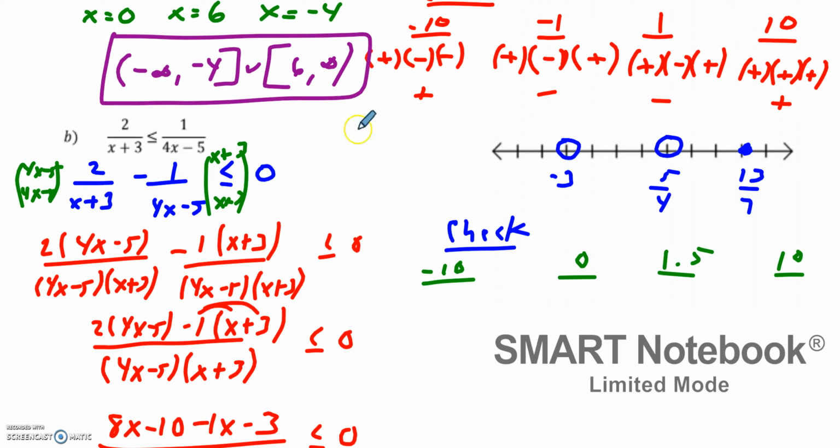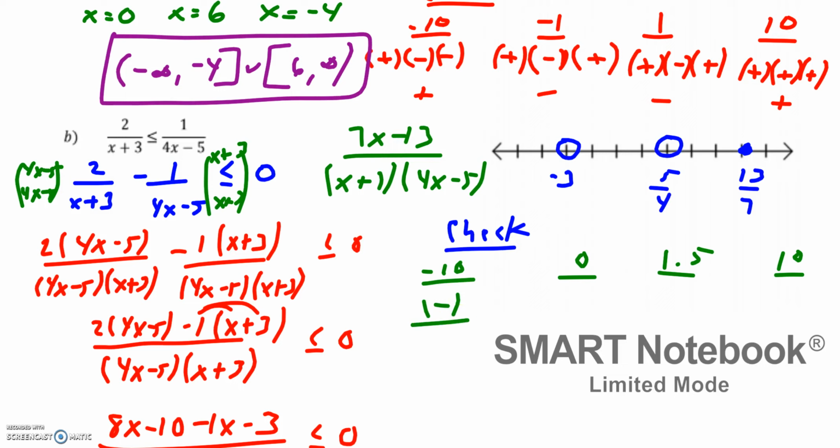My most reduced version was 7x minus 13 on the top, and the bottom was x plus 3 and then 4x minus 5. If I plug negative 10 in, the top is negative, the bottom is negative, and then negative. So this is negative over positive, which is a negative result.